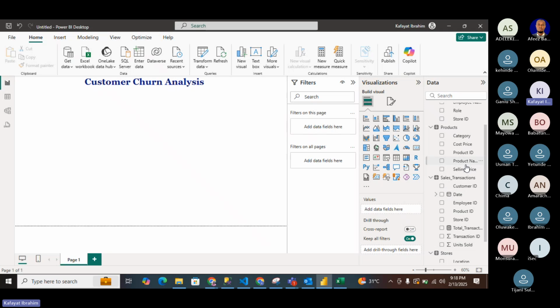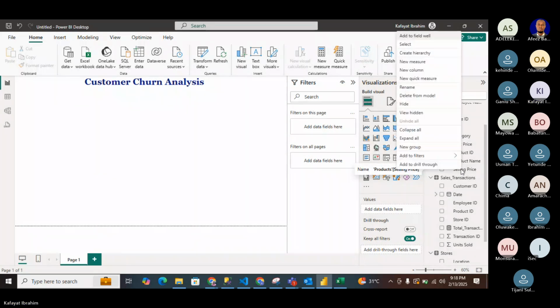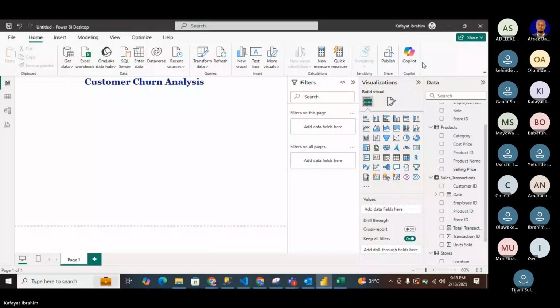So in that case now, we are looking at the cost price, selling price. We are looking at the selling price, right? So let's calculate the average of this selling price. New measure.